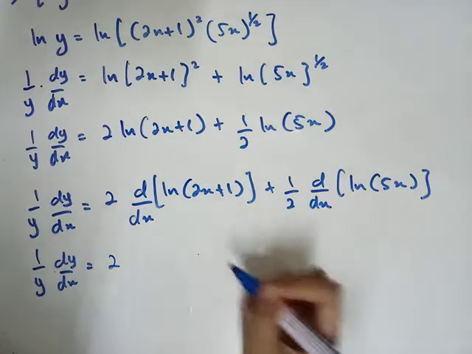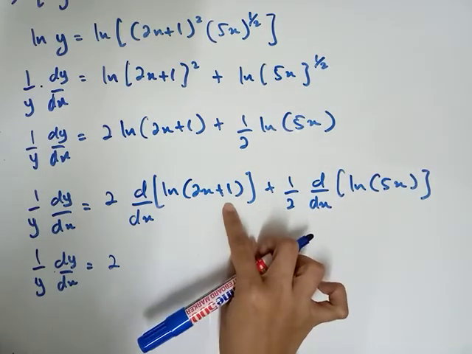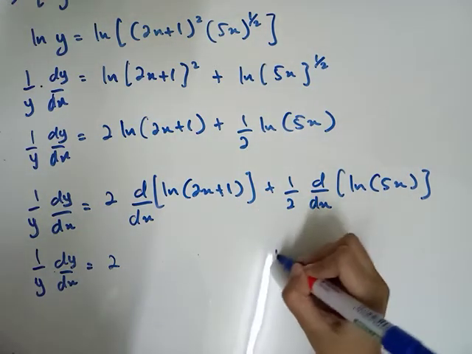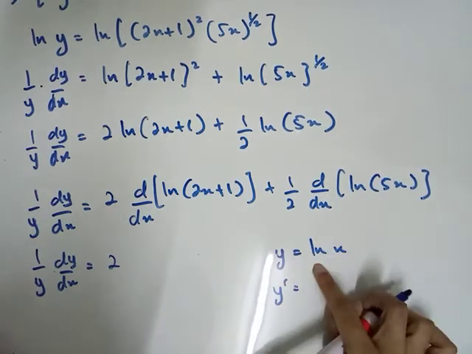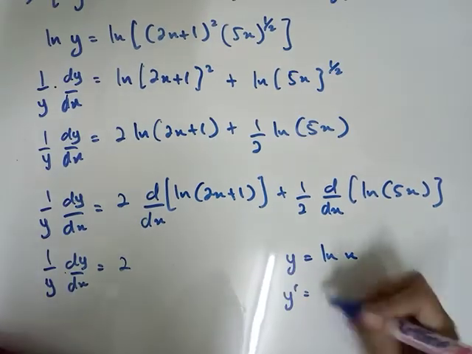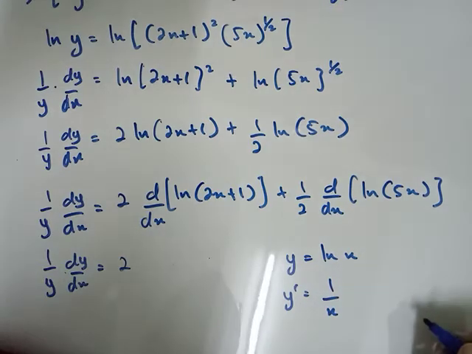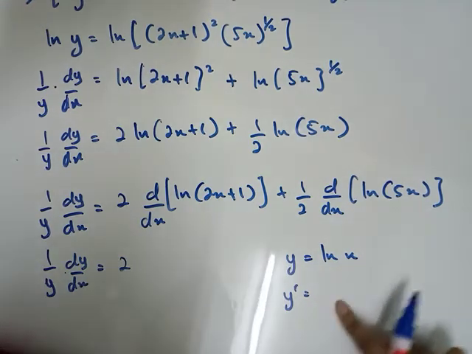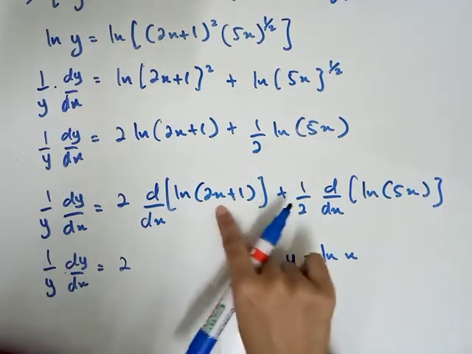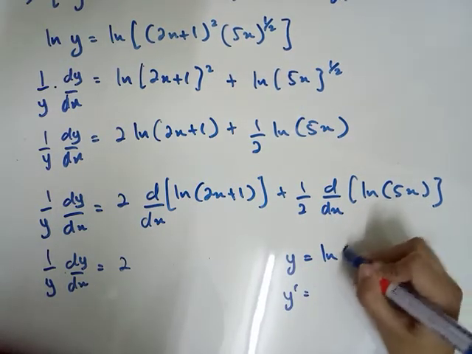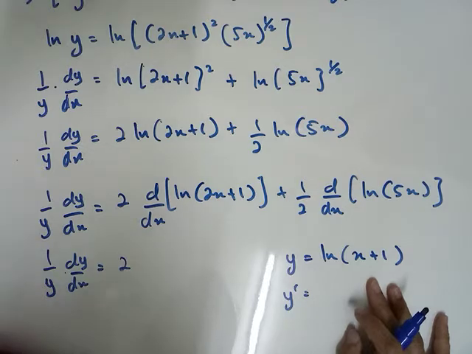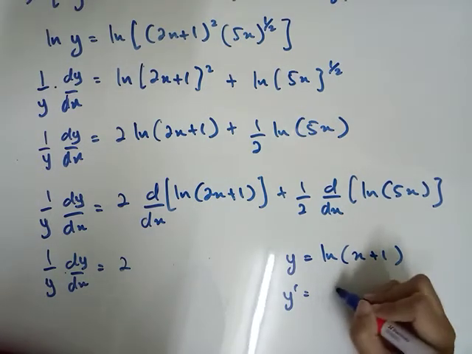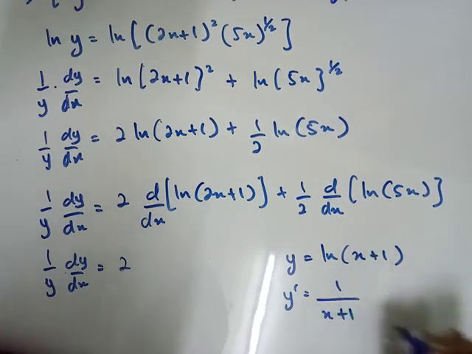So 2 differentiate ln 2x. How did you get? Y equals to ln x, differentiate ln x, it will become 1 over x. So what about this one? Differentiate ln (x plus 1), it will become 1 over x plus 1.